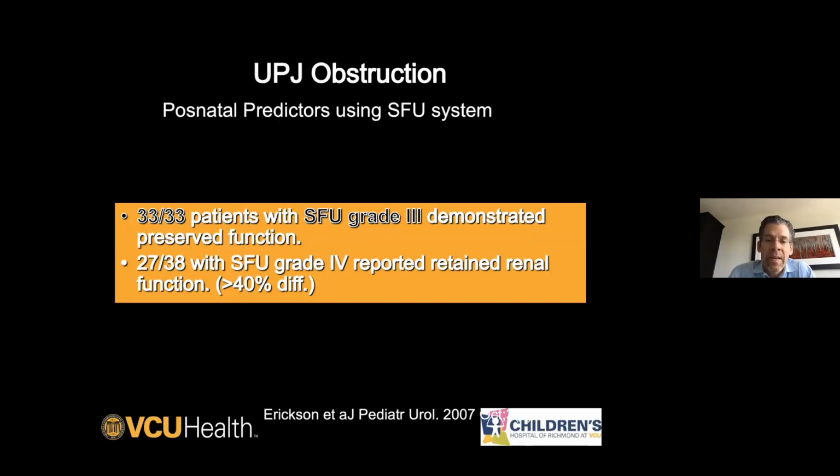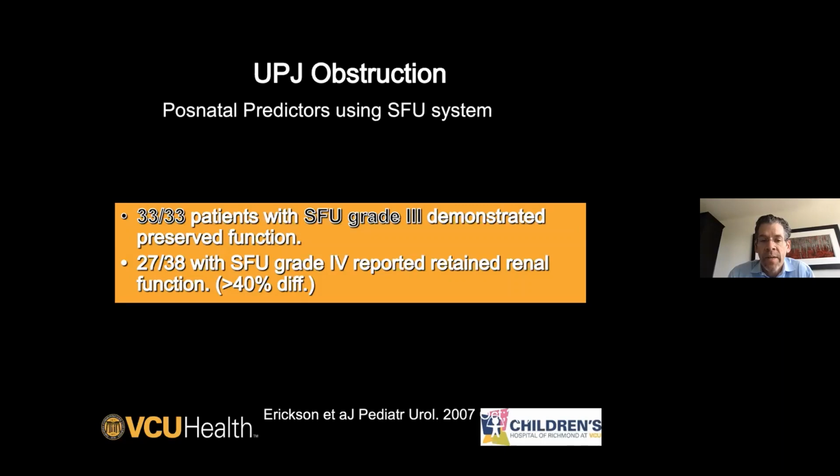Certainly, the SFU grade, I think, is a great predictor of function. And if you look at this study that was done by Erickson at Chicago, I think it details this. This is a group that they followed. All patients had SFU grade 3, and 33 out of 33 of this group had preserved function when they did a renal scan.